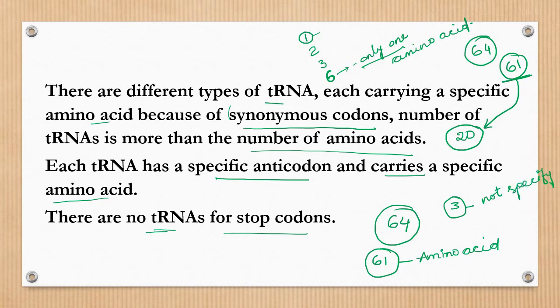Such codons are called stop codons. These stop codons do not have any tRNA.